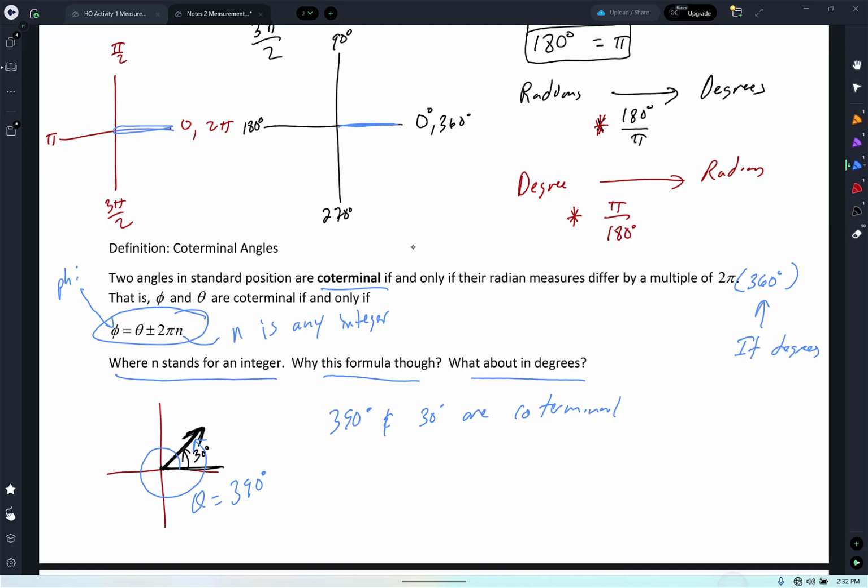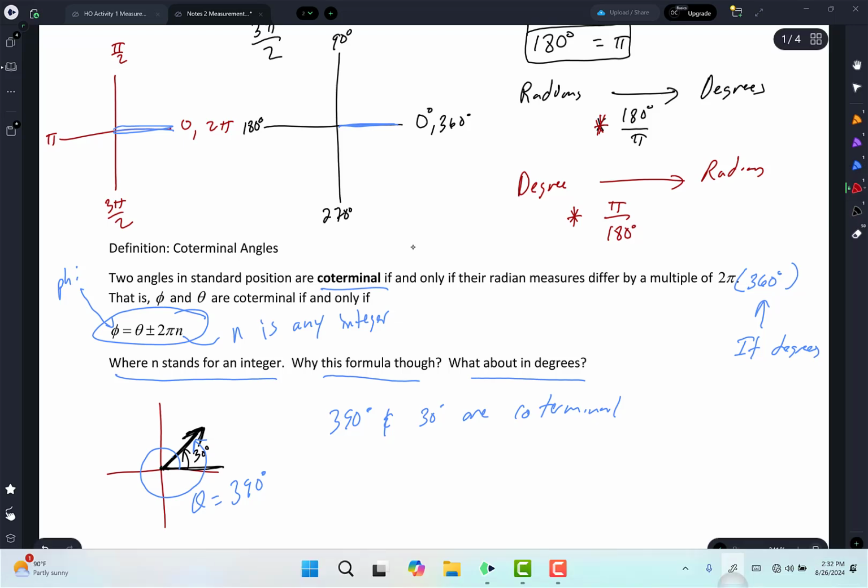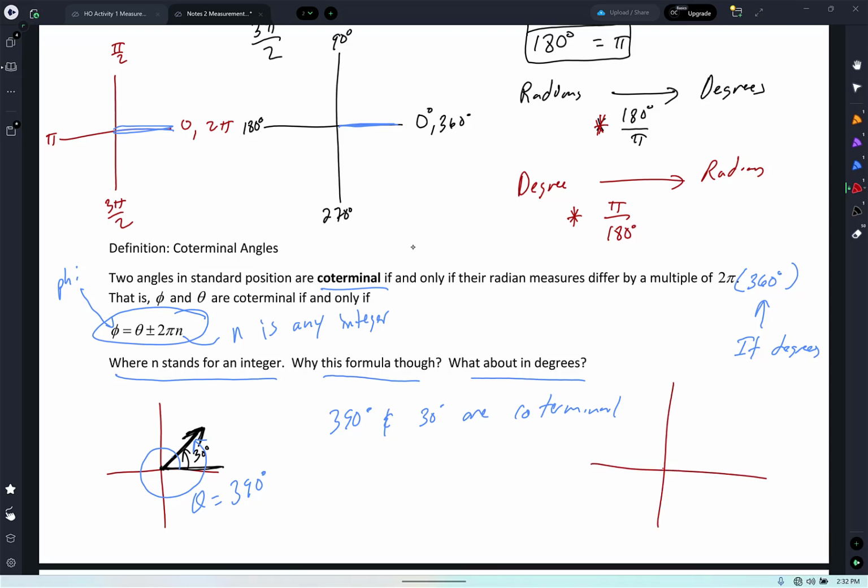Same thing with radians, and I know you guys are not super familiar with radians just yet, but if I had an angle like this, and I'm going to say this is pi over 6, which is the same thing as 30 degrees, don't worry, we'll talk about that. If I do a full revolution and I get to there, that's the same thing as saying 2 pi plus pi over 6. Notice the denominator is 6, so all I've got to do is multiply by 6 over 6. So 6 times 2 is 12.